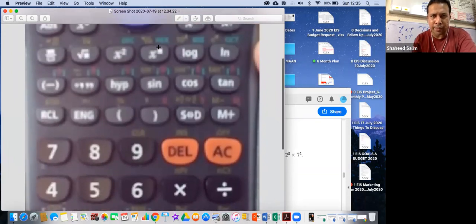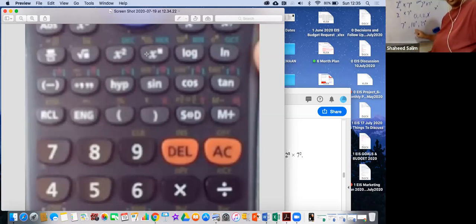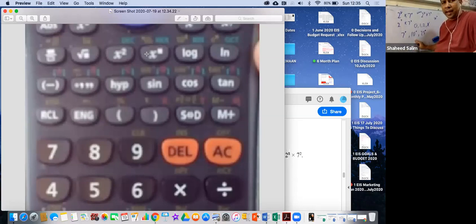This one, here you can see x to the power of blank, right? You press now 10. You press 10, and see 10 here. Then press the x and then put 0. What do you get? You get anything?